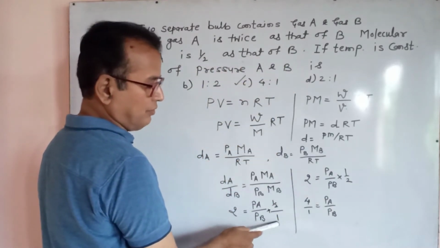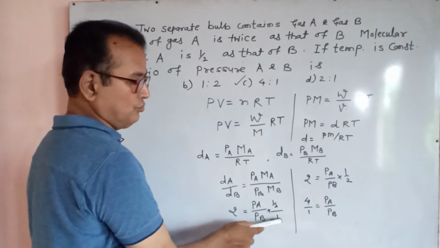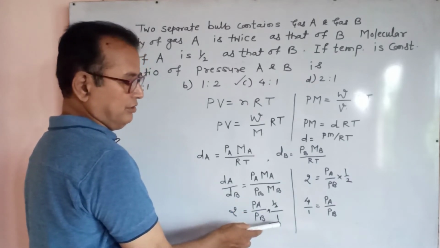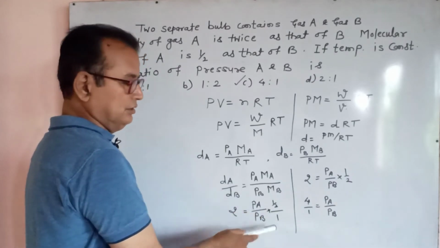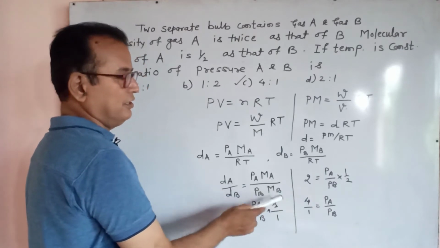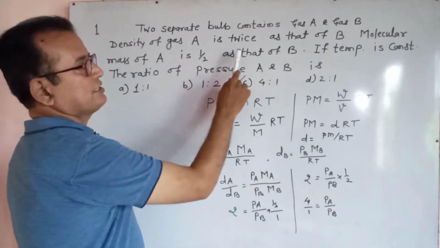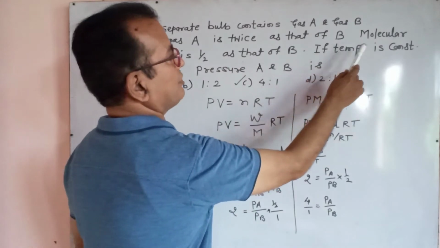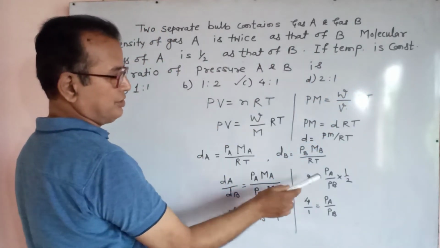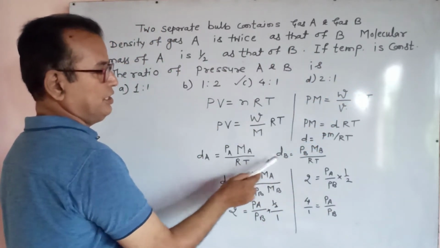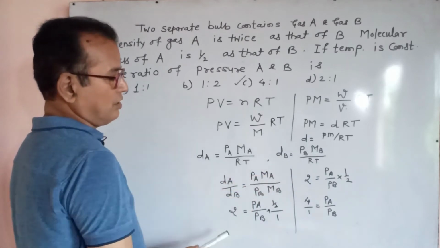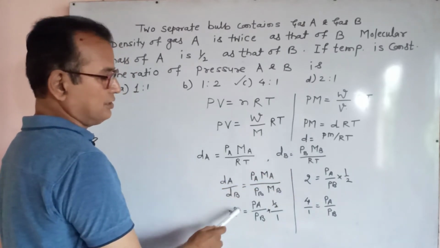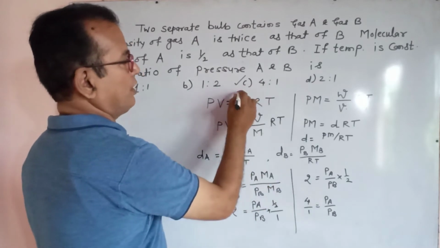If temperature is constant, T and T are constant, R and R are constant, RT gets cancelled, and the answer is 4 is to 1.